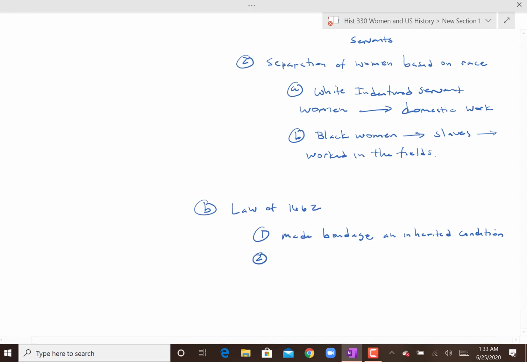The second thing that it did that was connected to this, which is why I said two at first, but it really is a separate thing that happens, is that the condition of bondage or servitude, we'll just say slavery, or the condition of the child, we'll say that, is based on the mother.